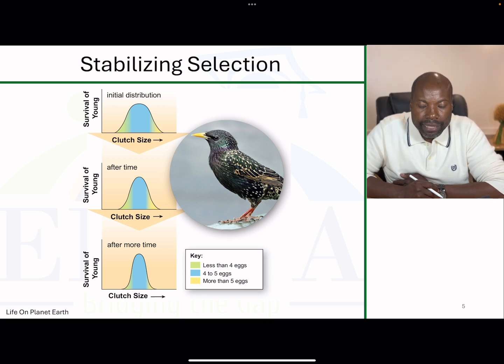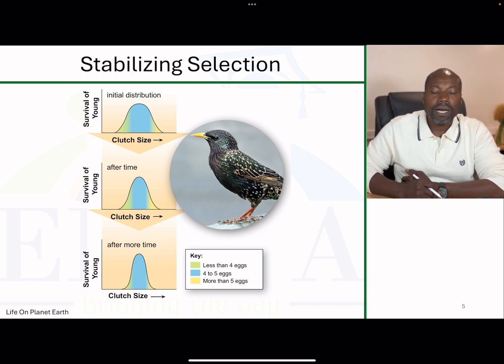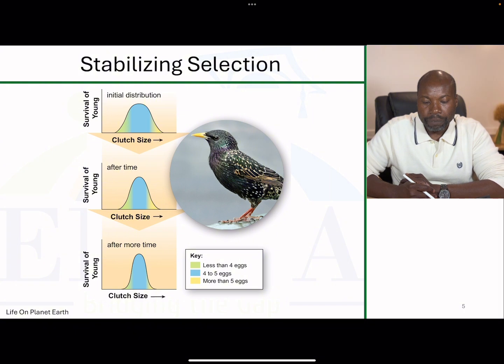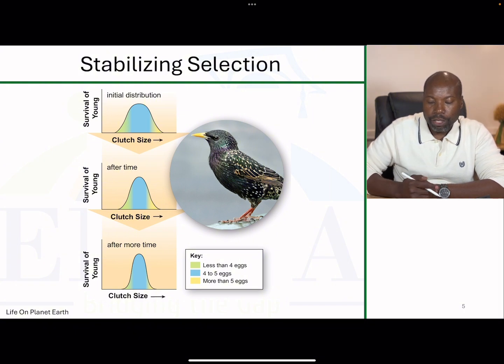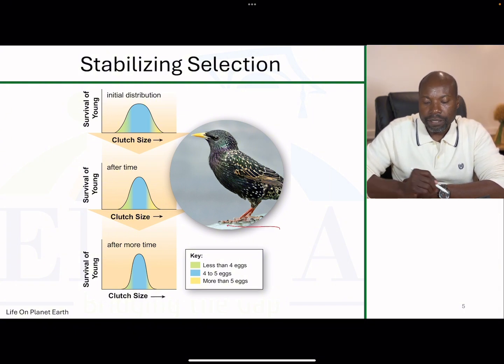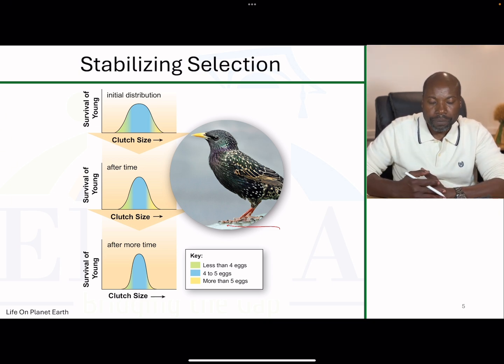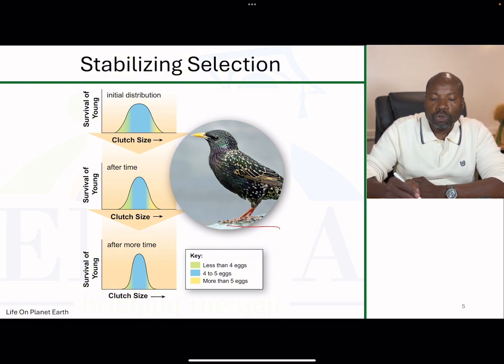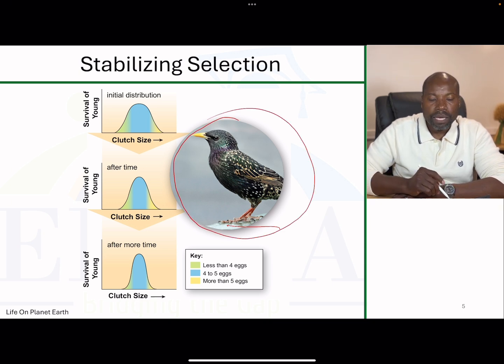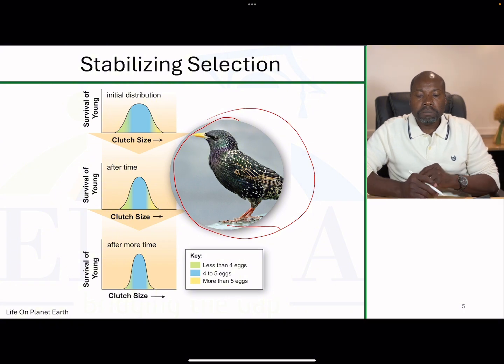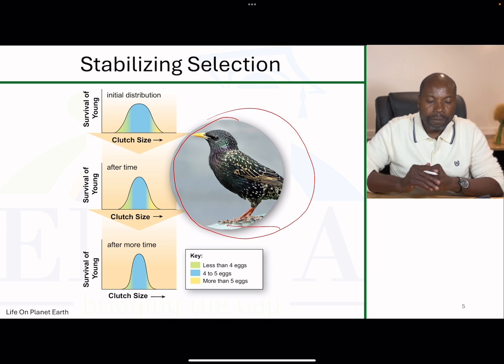Now, here is an example of a stabilizing case. So we have the case of this bird. This bird is producing a number of eggs. We notice that individuals in the group of this organism can produce eggs that vary between less than 4 to more than 5, right?